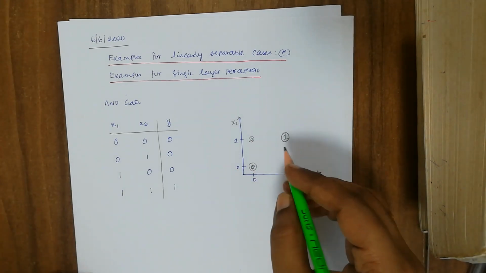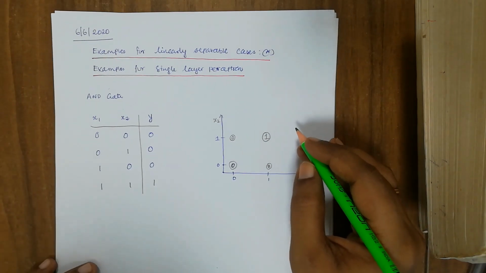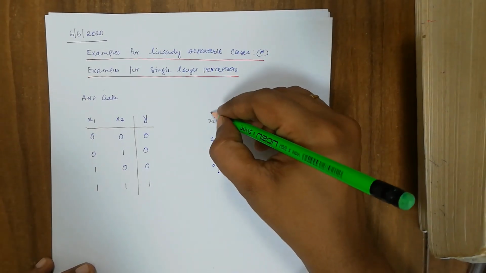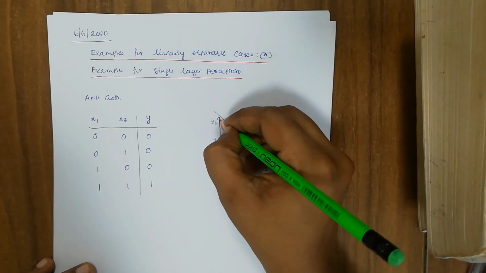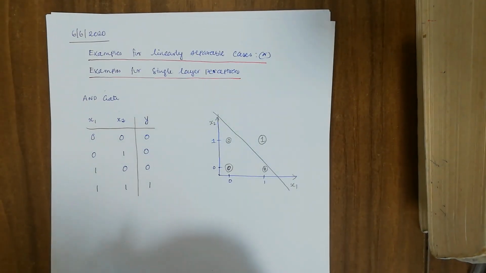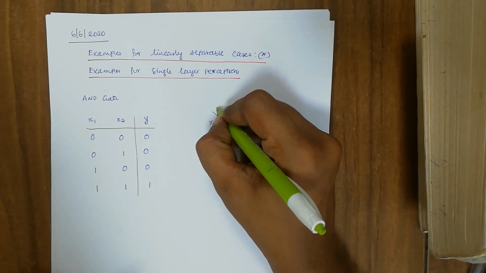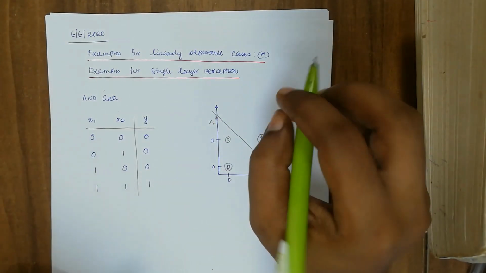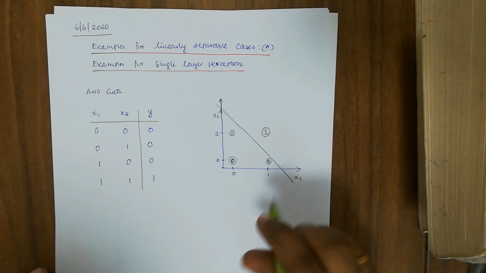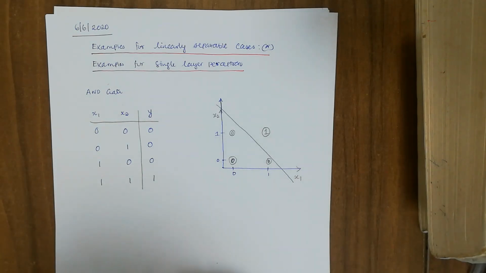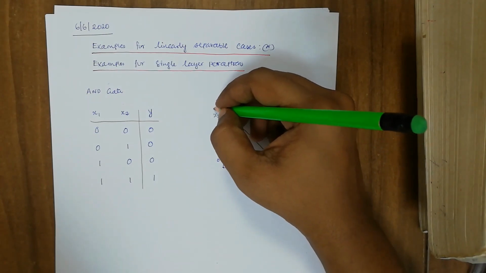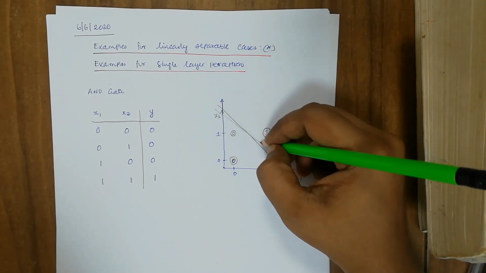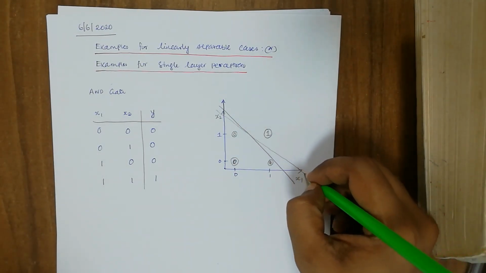So we can simply have a linear boundary which can separate these two groups by a single straight line, something like this. Let me extend this further. There could be many possible solutions for this straight line. Instead of this straight line, I can have a straight line like this. So this is also correct.